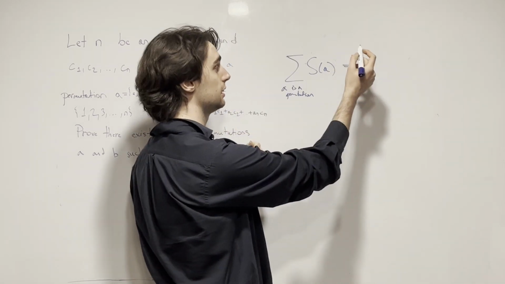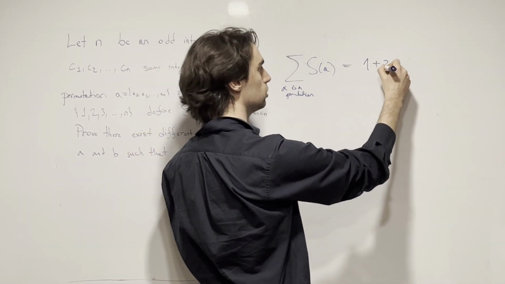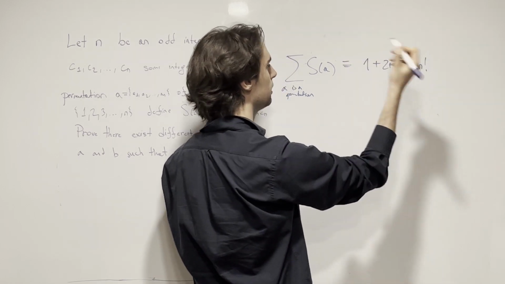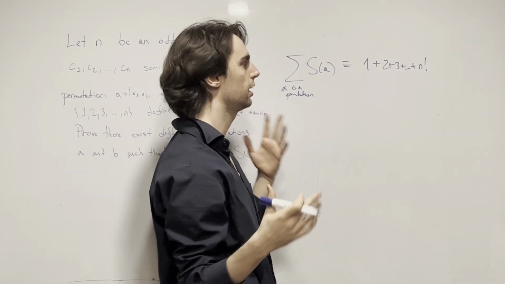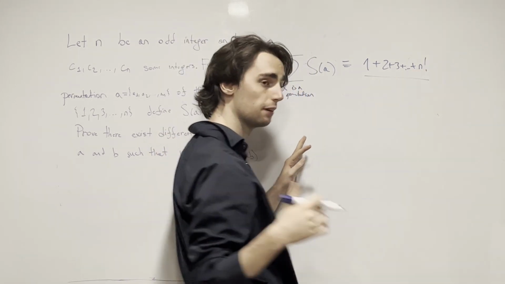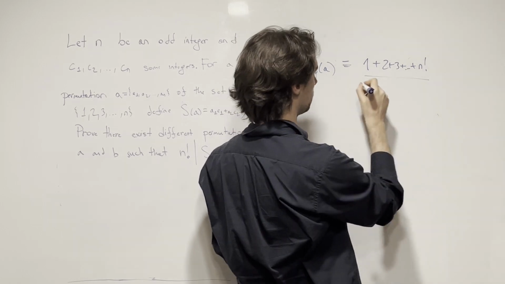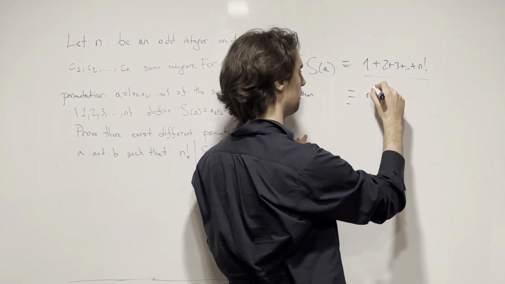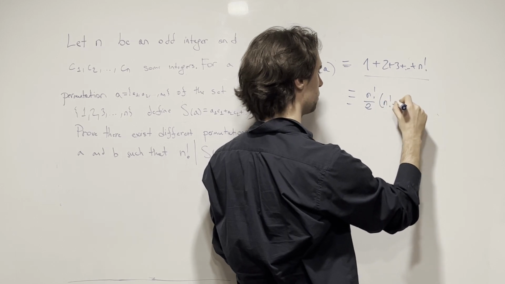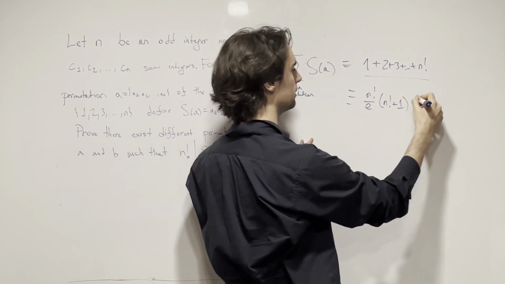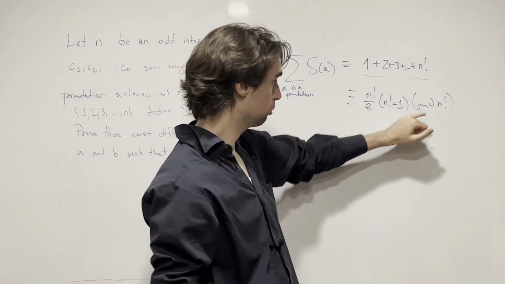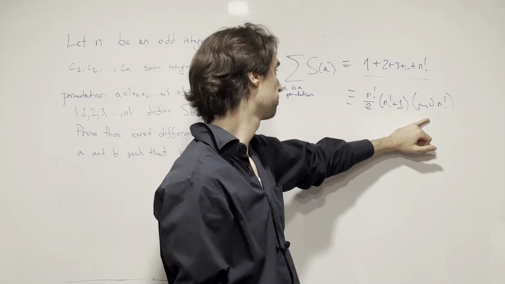On one hand, this is congruent to 1 plus 2 plus 3 plus all the way till n factorial, modulo n factorial, and this is congruent to n factorial over 2 times n factorial plus 1. This is even, this is not, modulo n factorial. We have this on one hand.